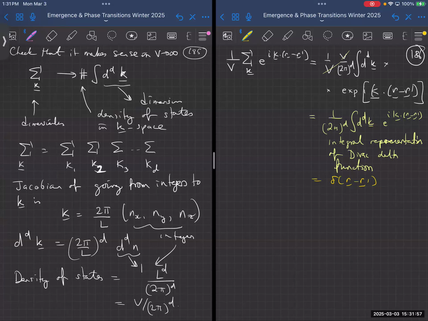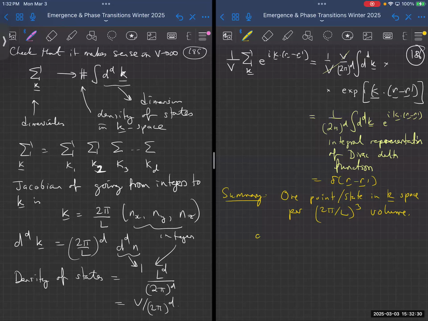Okay, so what we've worked out is that there's one point, one state in k space, and it occupies 2 pi over L cubed of volume in k space.